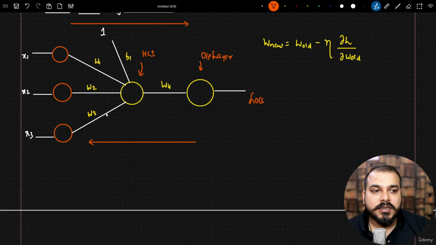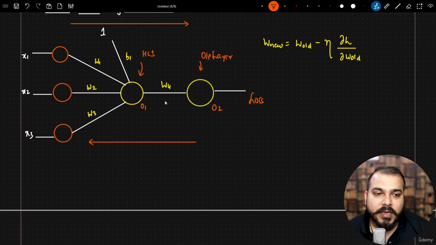Now let's imagine I really want to update W4. Obviously, in the forward propagation, after the processing that happens, let's say this input is O11 and this input is O21, or I can also write it as O1 output and O2 output. So after doing all the processing and applying the activation function, I'm getting the O1 output after this neuron, and this is my O2 output after this neuron.